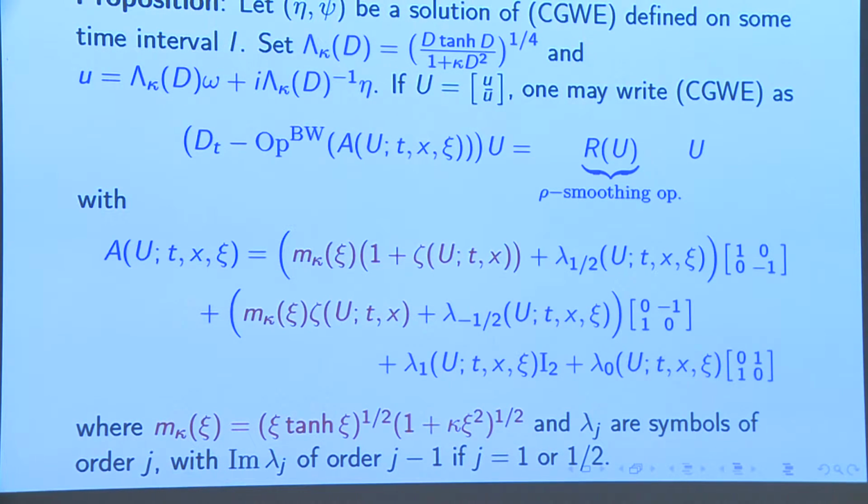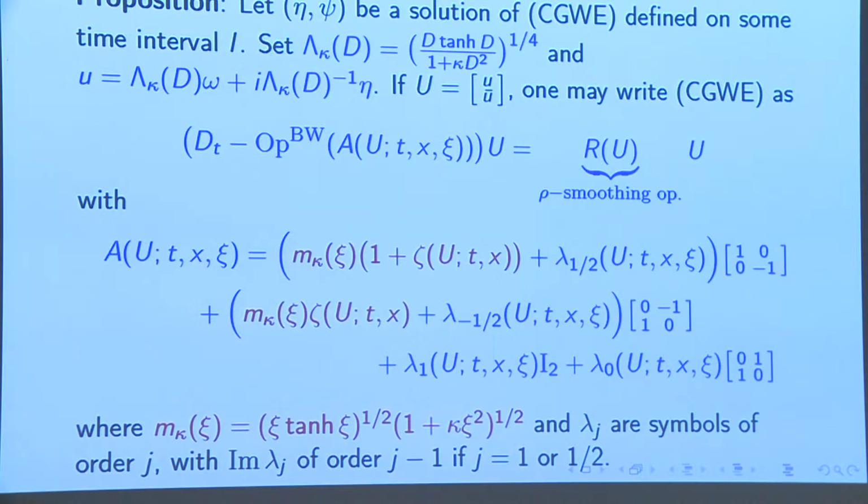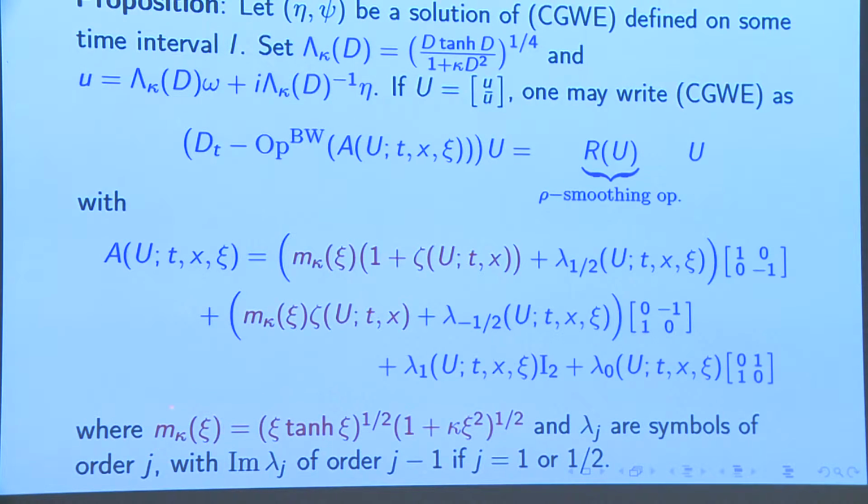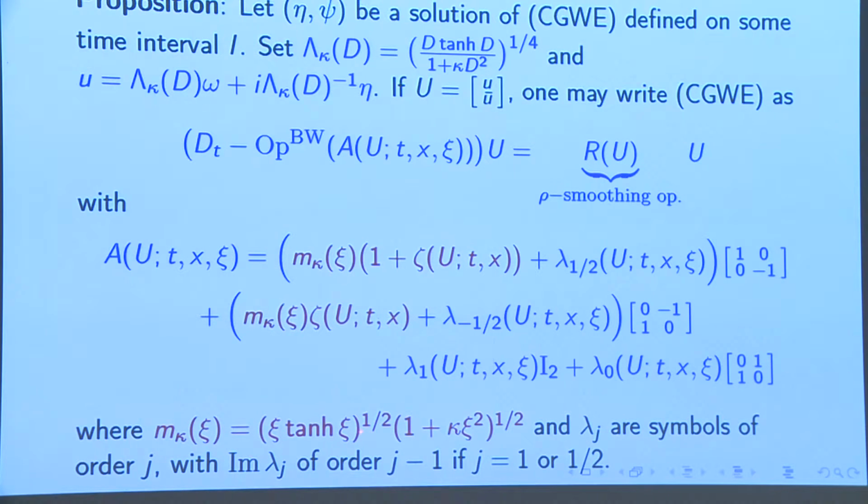So the main contribution in terms of the order is given by some Fourier multiplier, m kappa of psi, where m kappa of psi is given explicitly by psi hyperbolic tangent of psi to the power 1/2 times 1 plus kappa psi square to the 1/2.